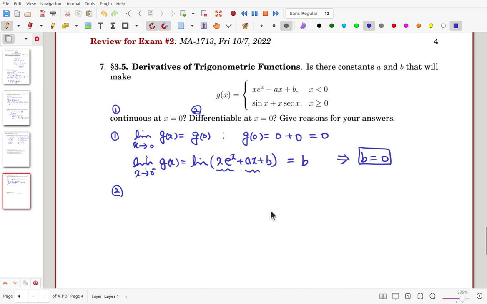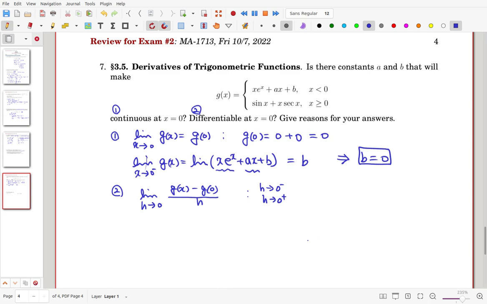Here you can use the definition of differentiability, for example the limit as h approaches 0 of g of x minus g of 0 over h. Here h approaches 0 from the minus side and from the plus side, and then the limit of the quotient must be the same. If you try to do it this way, these functions are already so complicated. So rather than doing it this way, we'll consider it in another way.